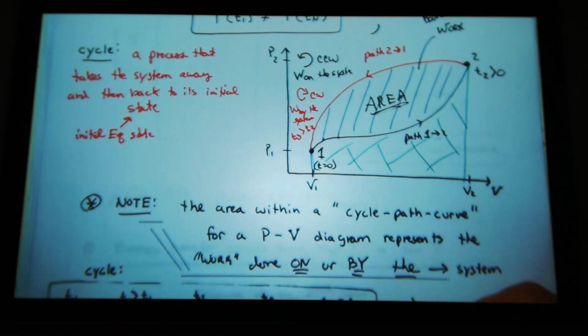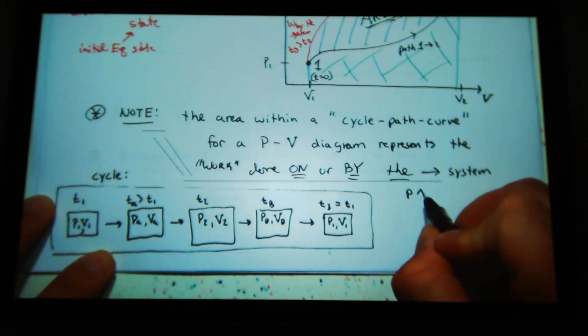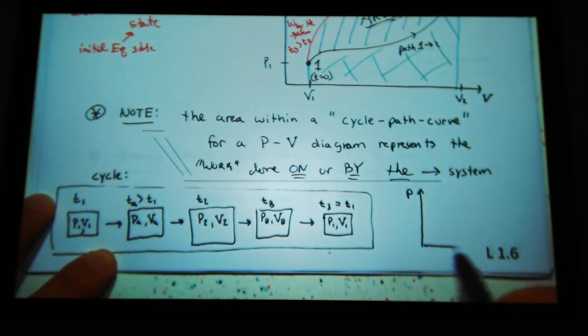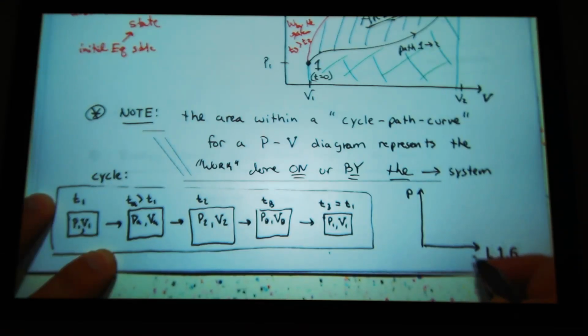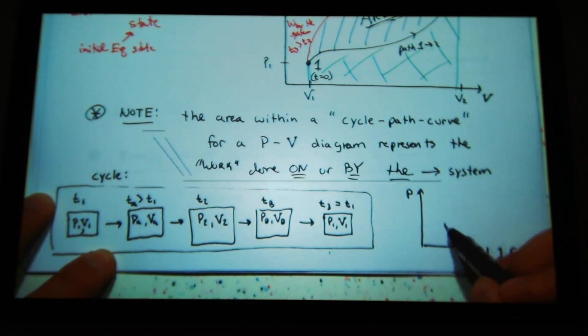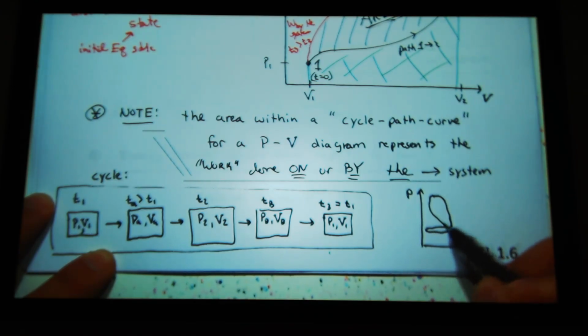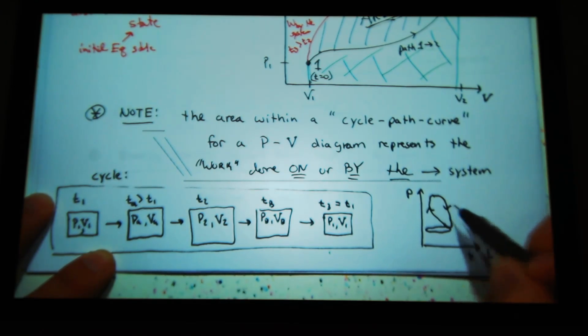So let's go to the engine example. So I have a PV diagram of an engine. And if I look at what the PV diagram for an engine looks like, it looks something like this.